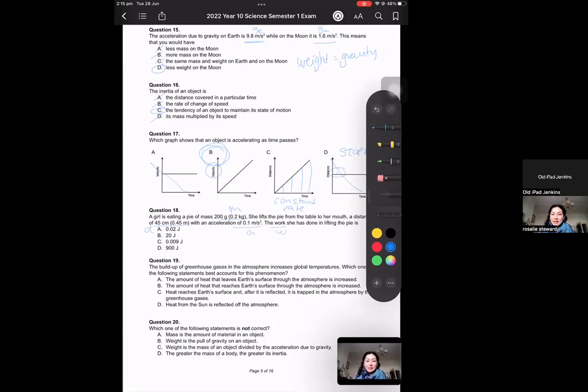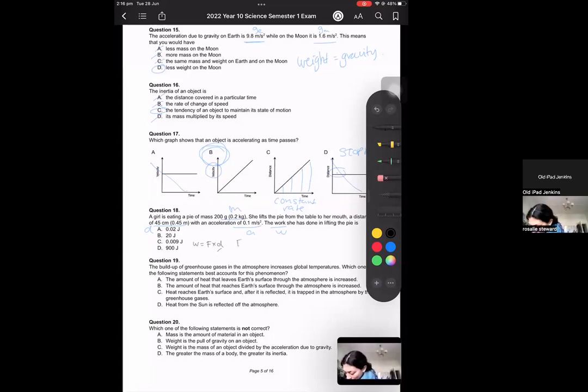Okay, so let me look at my formula sheet. The formula for work is force times distance or displacement. Great, we have distance, but we don't have force. So what we need to do first is go back and find a force formula that includes mass and acceleration, which we can find.